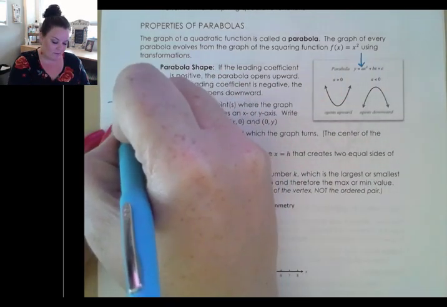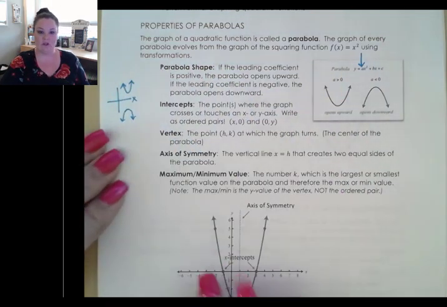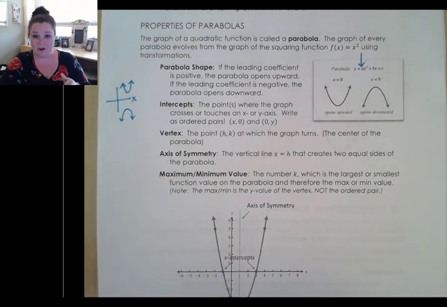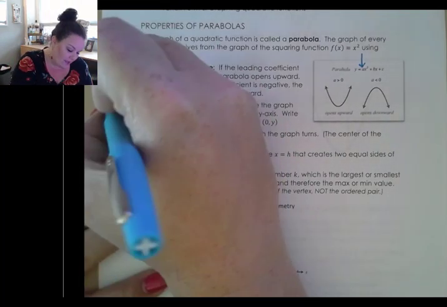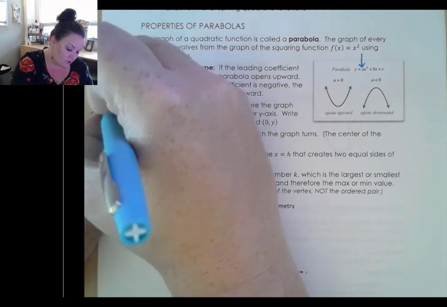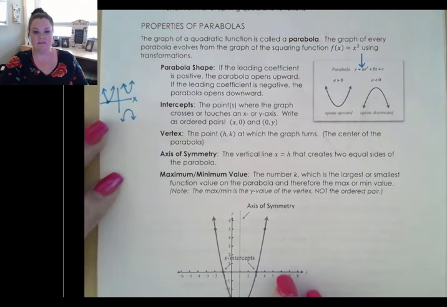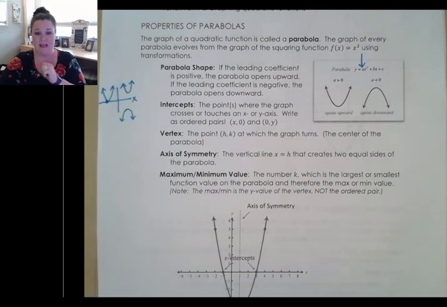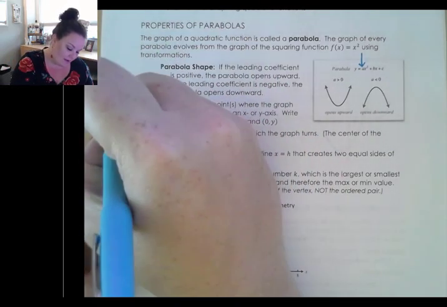Same thing if I have a parabola that's down below the x-axis and going down. We're not going to have x-intercepts there. It's also possible just to have one x-intercept. So if we have a parabola that touches our x-axis in just one spot, then it's possible to have one x-intercept.